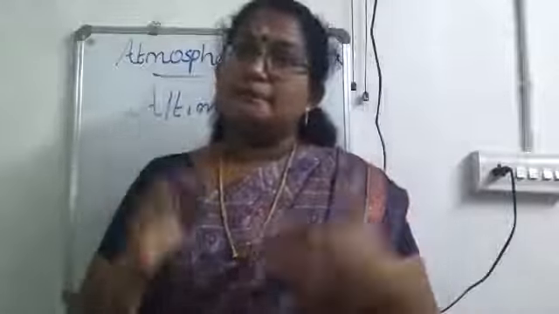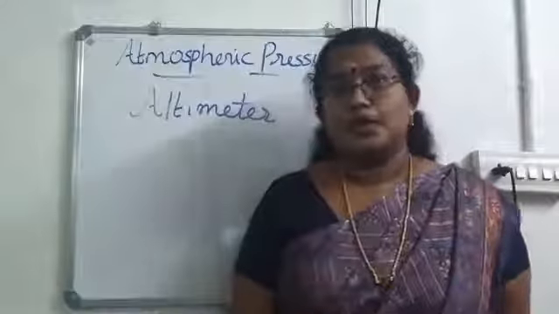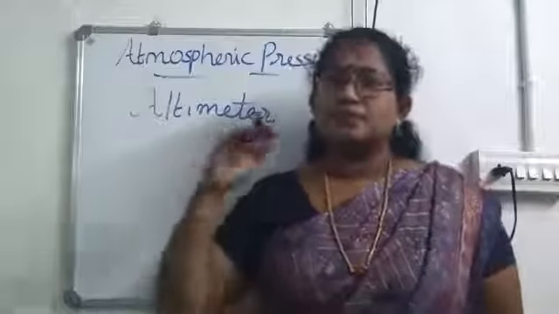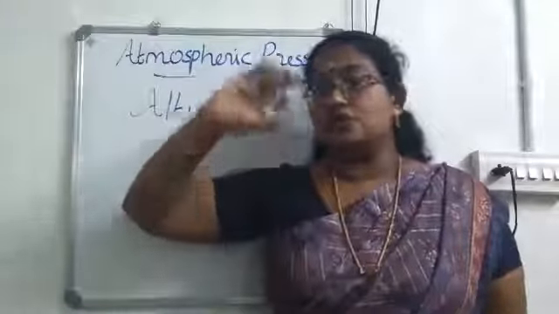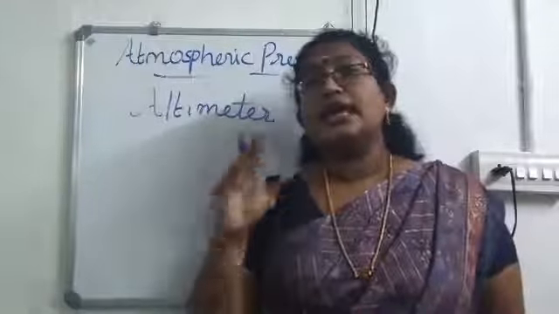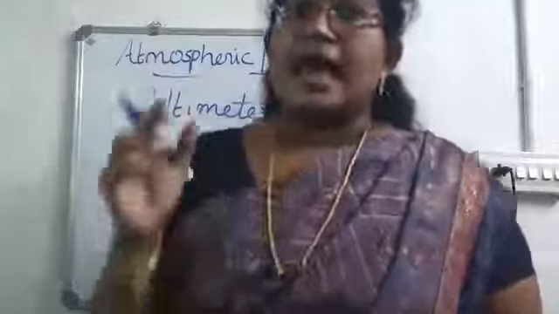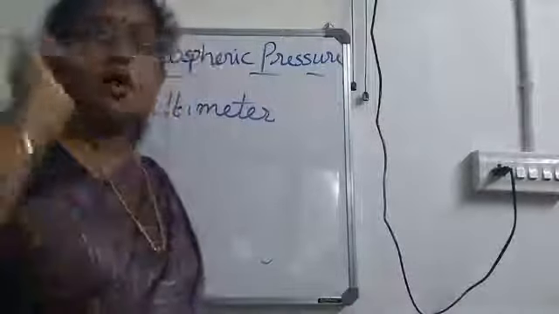That means a barometer can be used as an altimeter also. Okay, so once again, for every small increase in height, there will be a decrease in the atmospheric pressure, and keeping this in mind, we can measure the altitude.